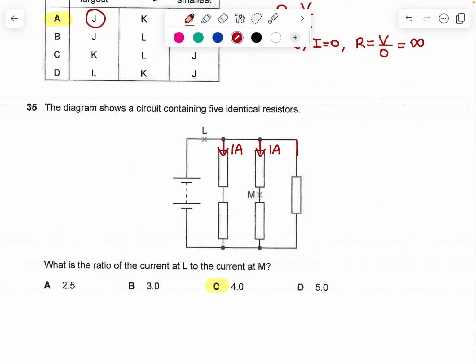And since the last branch only has 1 resistor, it should have 2 ampere, twice of the current, because the resistance is half. So in total, the battery should output 4 ampere. And with this, you can calculate the ratio of L to M.